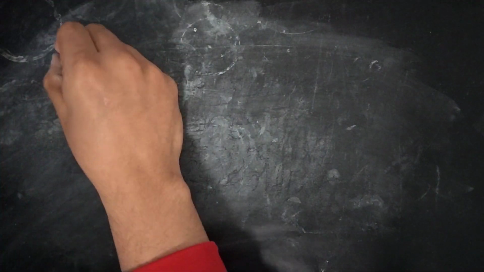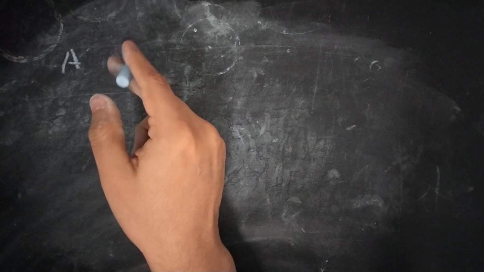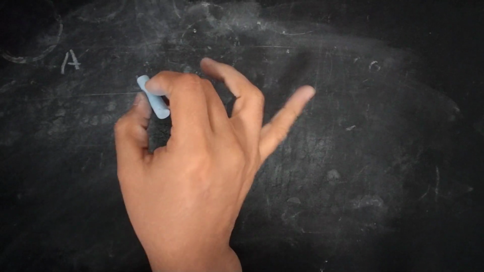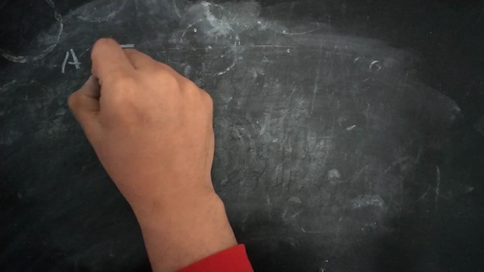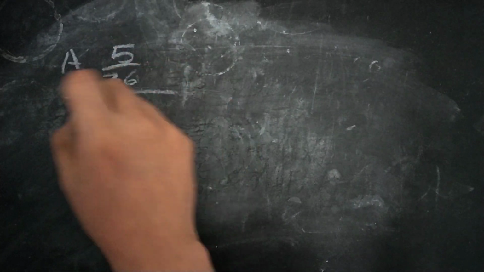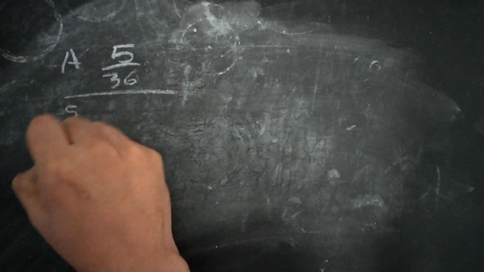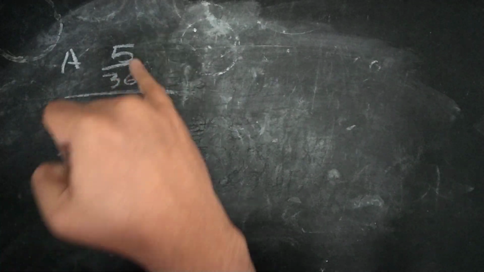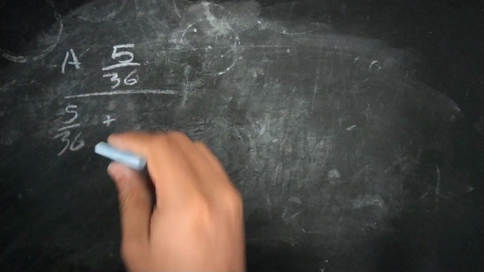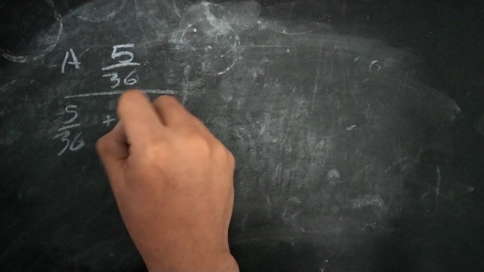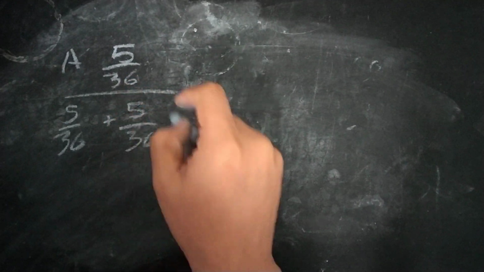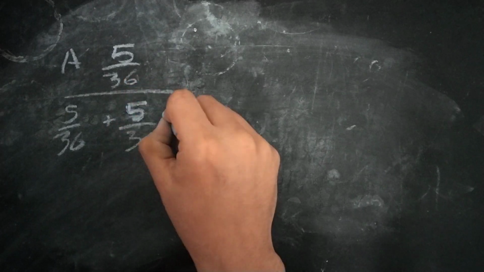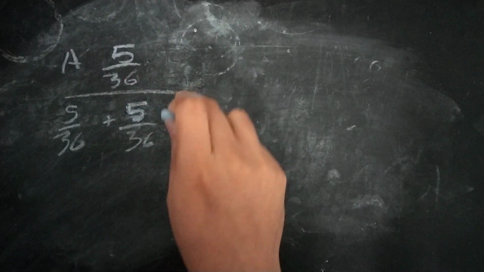And so for A, to get a 6 before a 7 and an 8, this is just 5 over 36, because this is just the 5, and then the probability of getting a 6. Then this is an 8, which is 5 over 36, and then a 7.